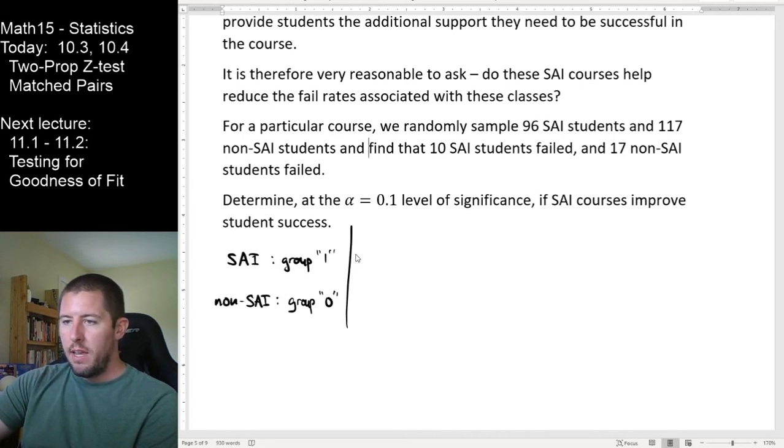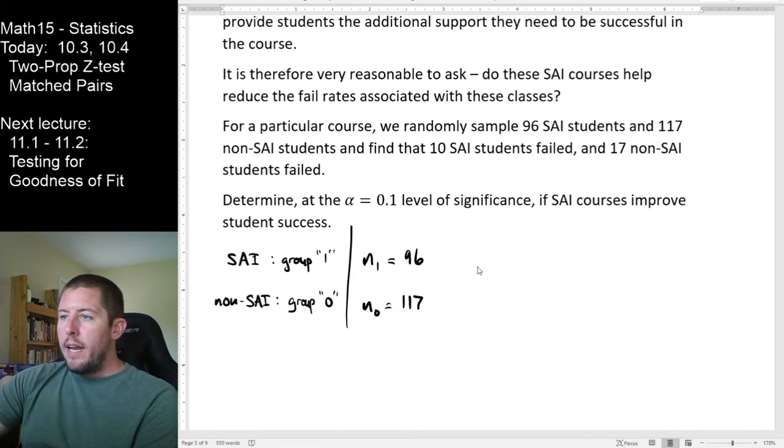So I'm going to say here that we have an N1. Our samples, how many people did take SAI? 96 SAI students. And it says our 117 non-SAI students. 10 SAI students failed. Now notice here that we are going to be measuring fail rates.